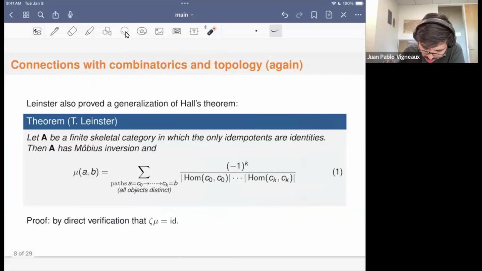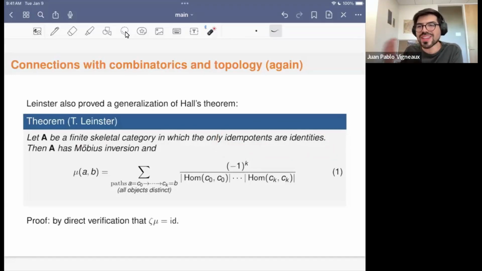Now, Leinster had already also a combinatorial interpretation for what this inversion had to be, but not in general, only under very restrictive hypotheses. The hypotheses are that A has to be finite, has to be skeletal, and also satisfy the condition that the only idempotents are identities.